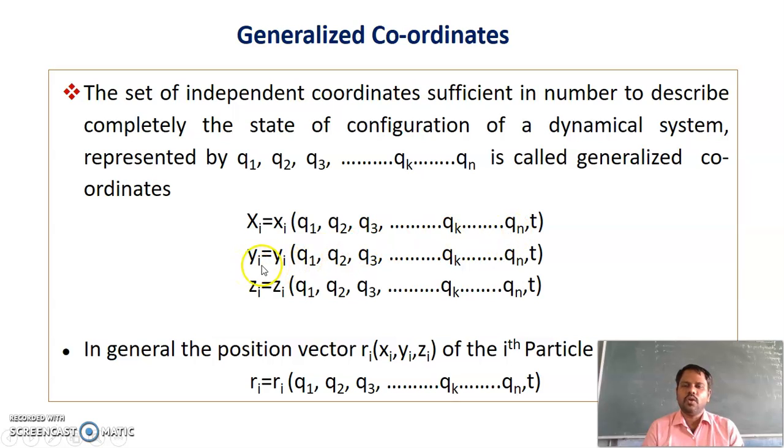Similarly, y is a function of q1, q2, q3, up to qn, and z is a function of q1, q2, q3, up to qn and t. These coordinates, q1, q2, q3, up to qn, are known as generalized coordinates.